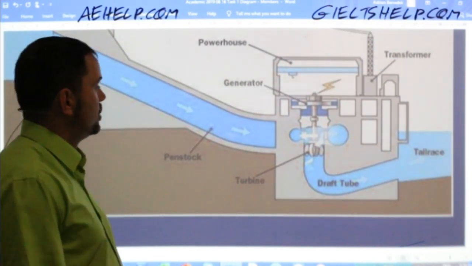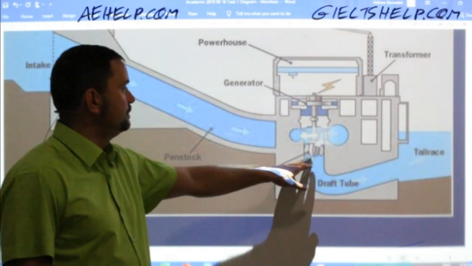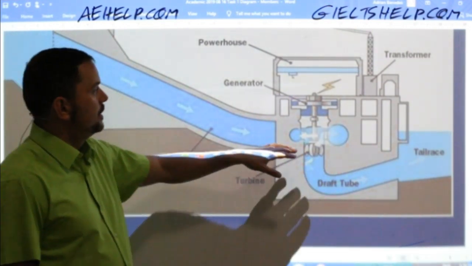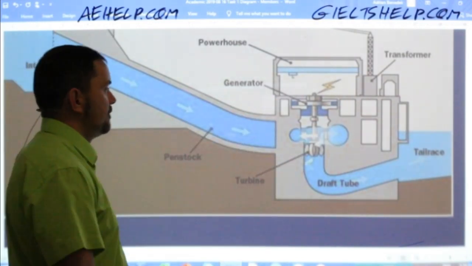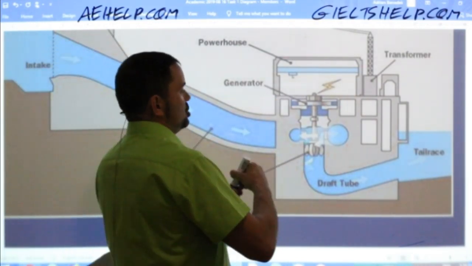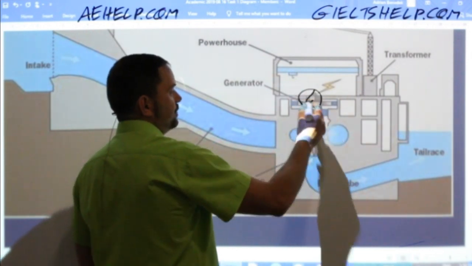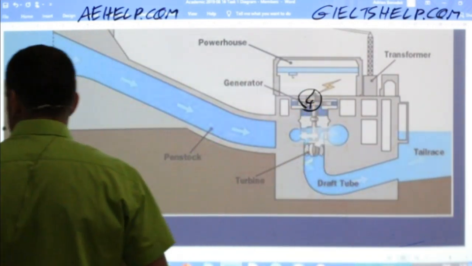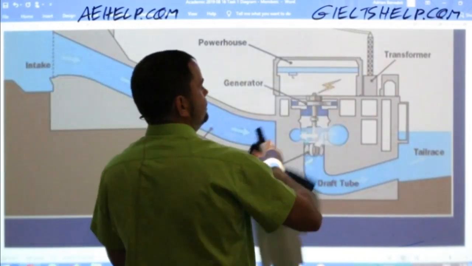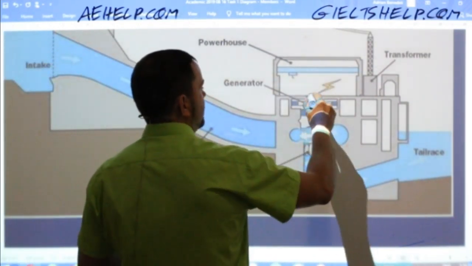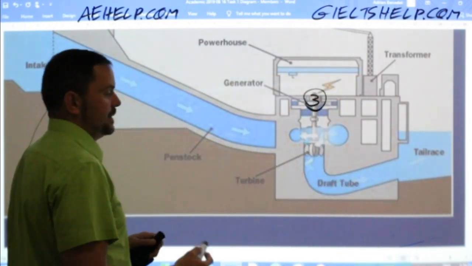So here we're spinning the turbine. The turbine, now we go to step number 4 here, which is the generator. Or sorry, step number 3, which is the generator. Okay, so the spinning turbine.